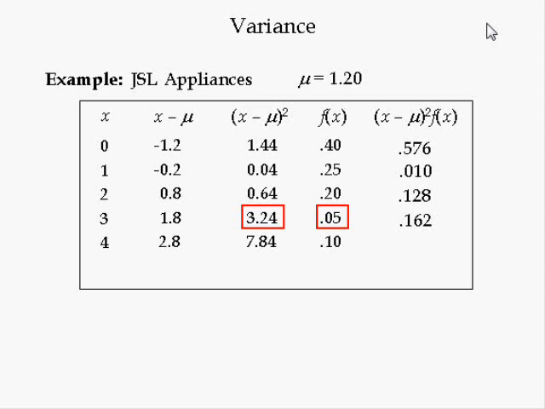The product of the fourth squared deviation from the mean, 3.24, and its corresponding probability of 0.05 equals 0.162. The product of the fifth squared deviation from the mean, 7.84, and the corresponding probability, 0.1, equals 0.784. The sum of the last column is 1.660.